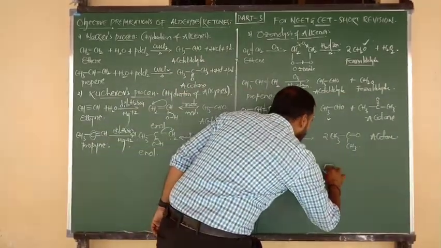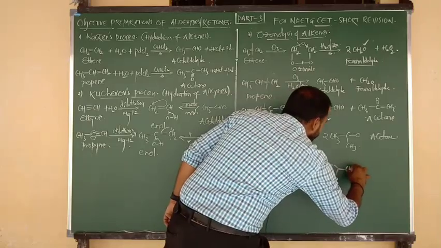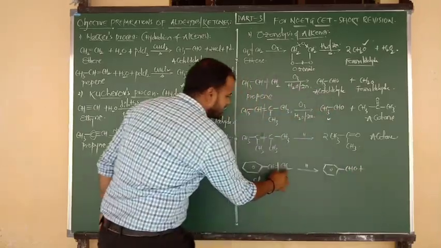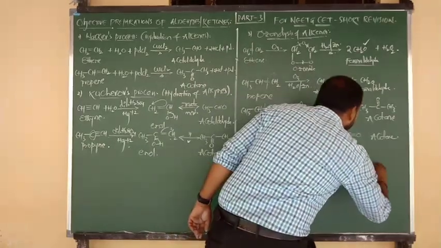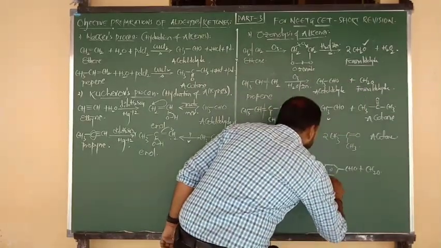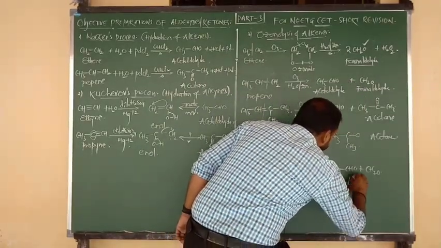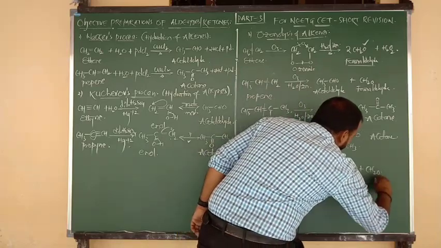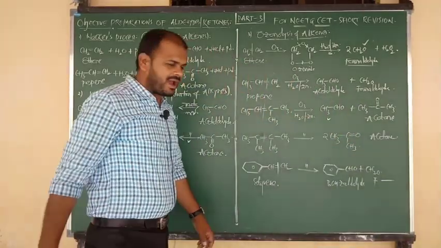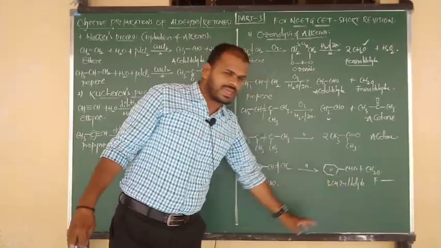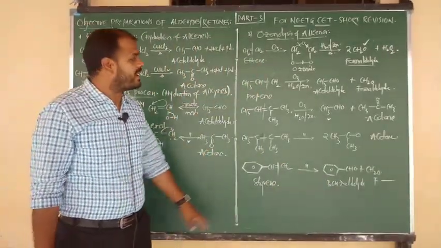CHO, nothing but benzaldehyde. And one more side CH2 double bond O, nothing but formaldehyde. So styrene upon ozonolysis gives benzaldehyde and formaldehyde.